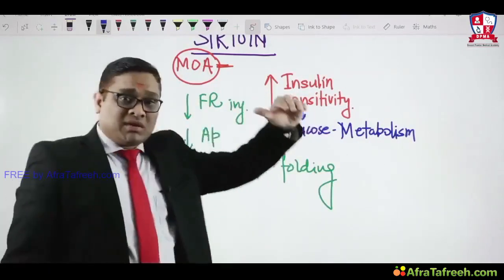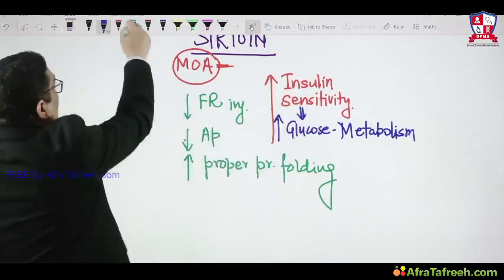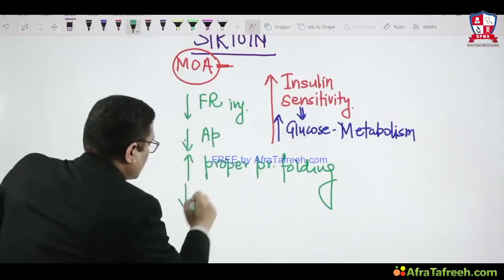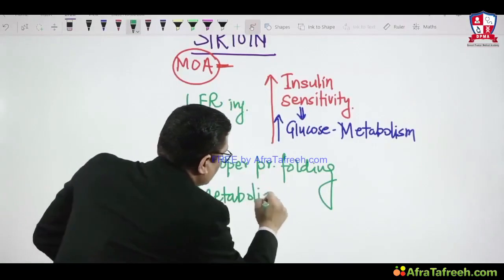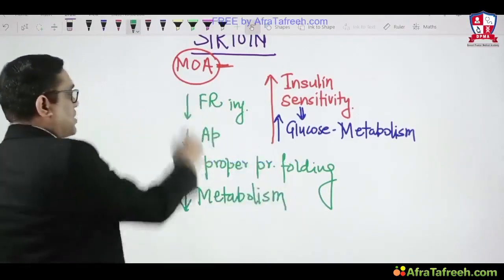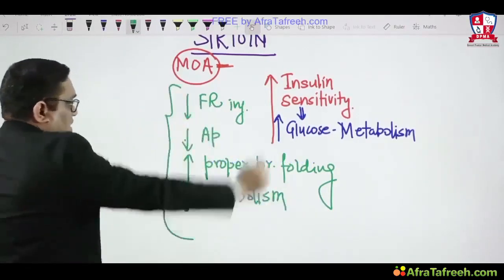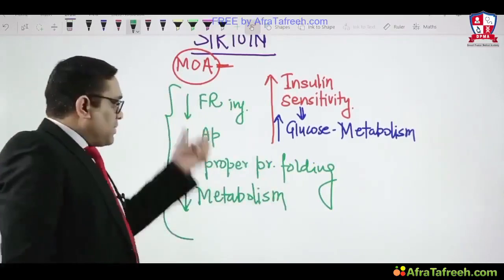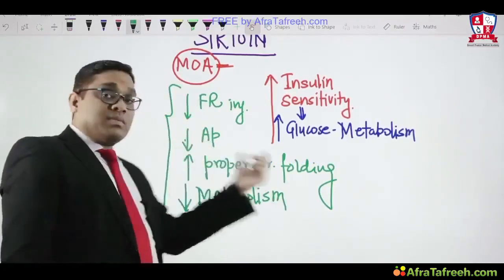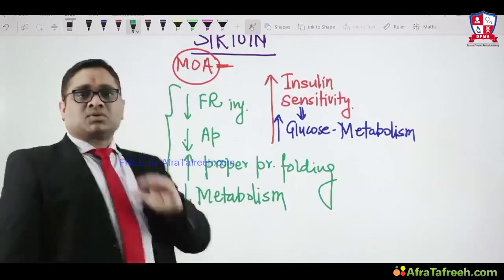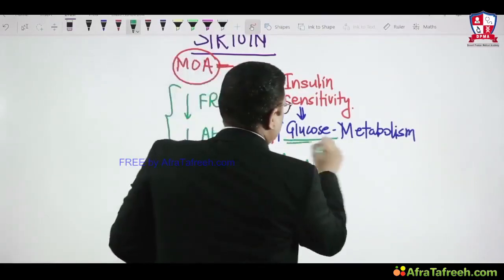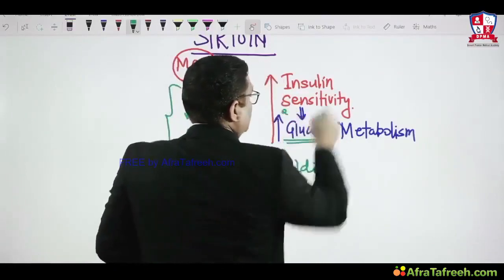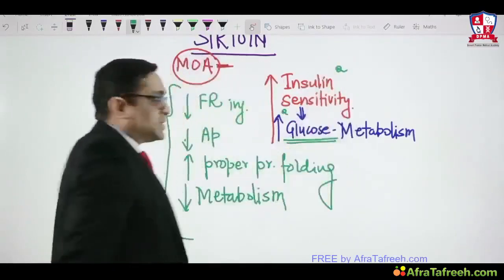Glucose metabolism will be increased, but when we talk about overall metabolism, it will be decreased by sirtuin, right? That is very important to understand. Free radical injury will be reduced, apoptosis reduced, proper folding increased, and overall metabolism also reduced. But when we are particular about glucose metabolism, it will be increased, because of increased insulin sensitivity.